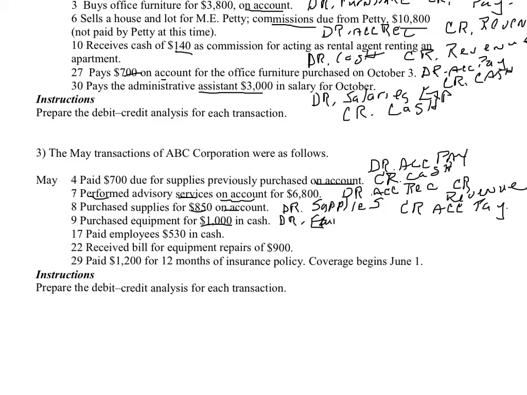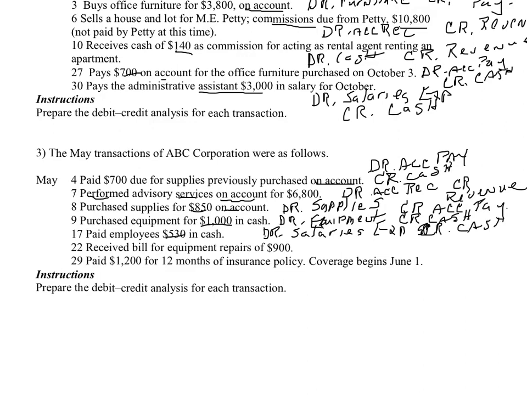It's an asset. And cash goes down, credit, cash. Cash is an asset and a decrease in assets, a credit. Paid the employees $530. Okay, again, it's an expense. Debit, salaries, expense. 530. And credit, cash.